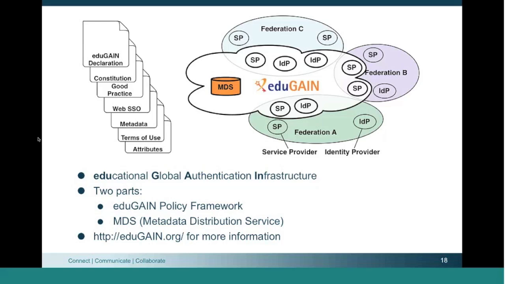Obviously, policy can seem very burdensome, but it's a necessary evil. The technology very easily interoperates; making sure that policies do is much more difficult.